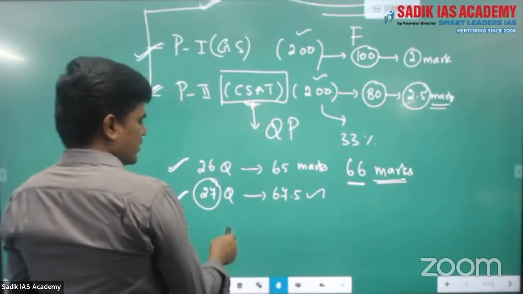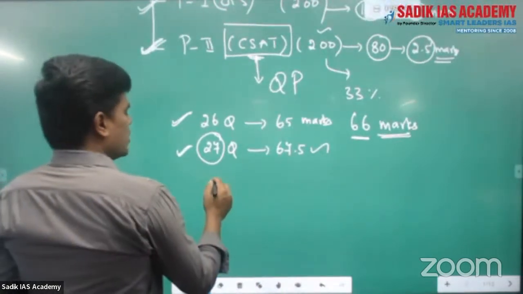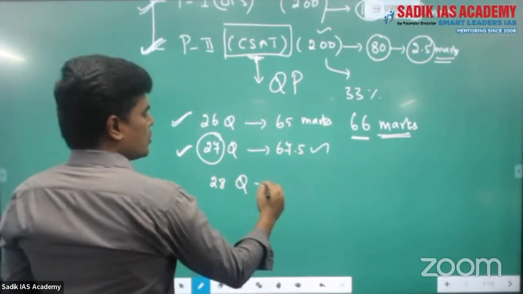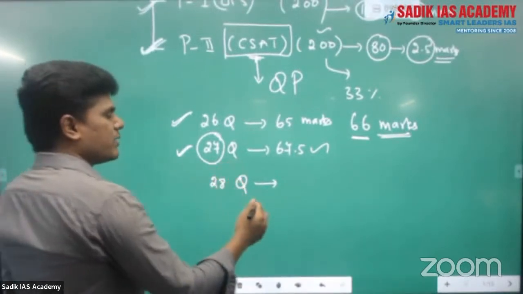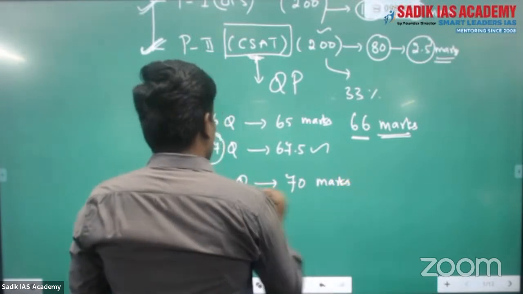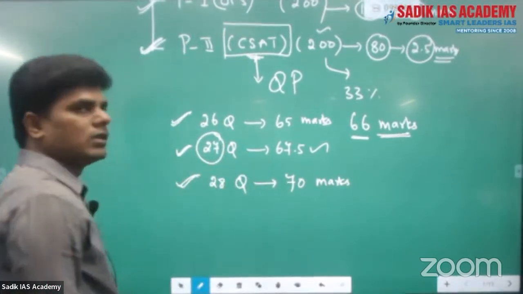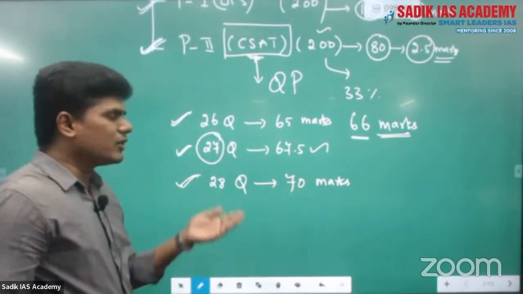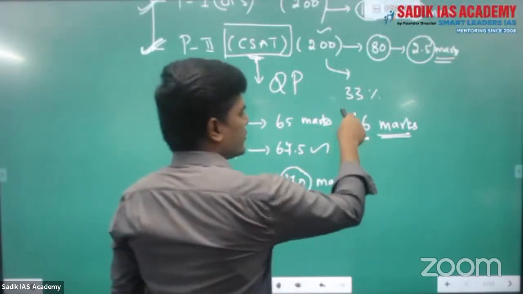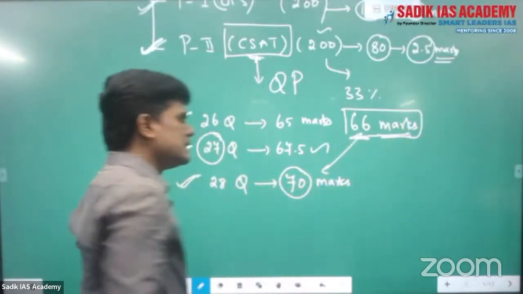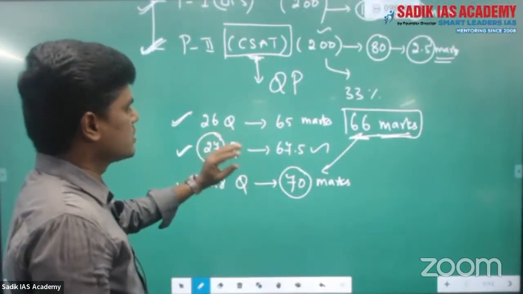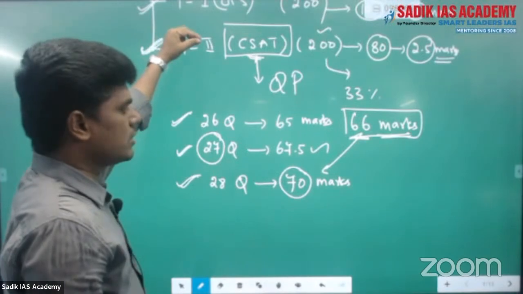For safer purposes, we consider 28 questions. If 28 questions are correct in this paper, you got 70 marks, so you are on the safer side. To clear this paper, we'll assume that you have to get 70 marks instead of 66 marks. I'm just rounding it off to 70 marks. If you score 70 marks, you have just passed this paper CSAT.